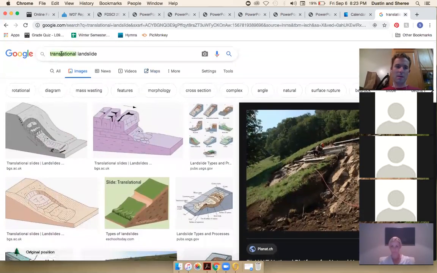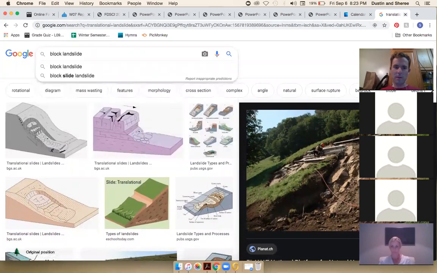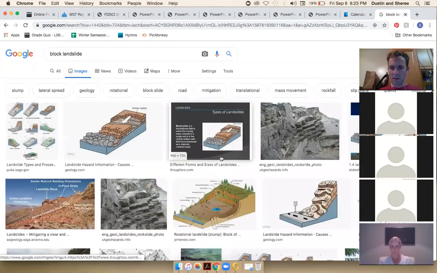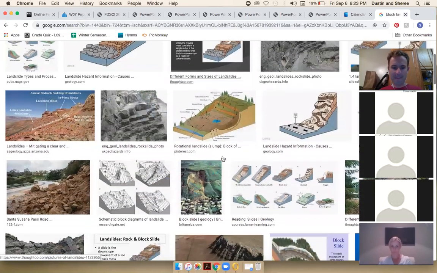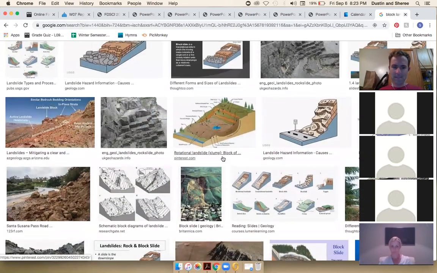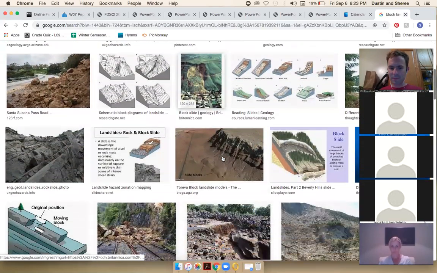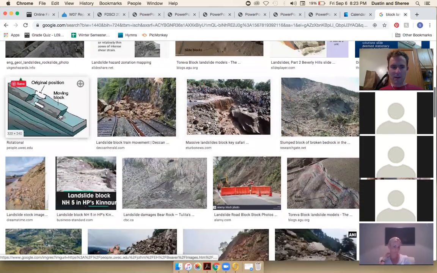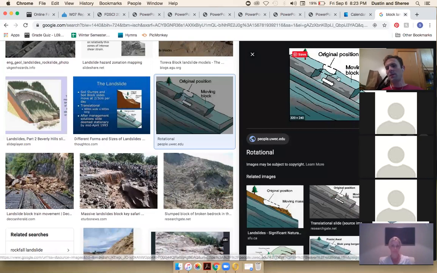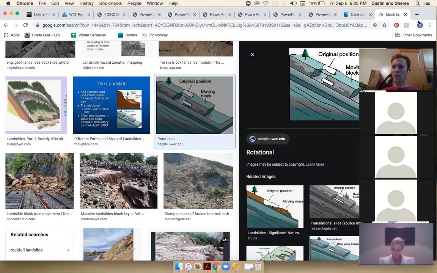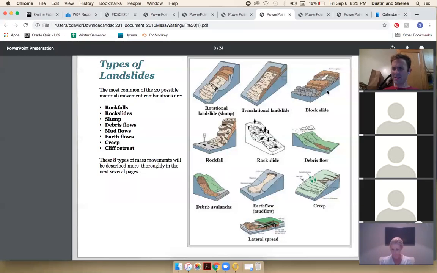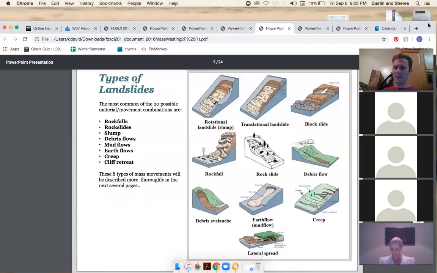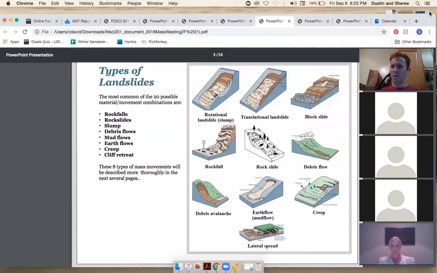And then block landslide. It's like you can see up here, it's a whole moving block. One solid block is translated down the whole thing. Okay, does that make sense to everybody? The difference between the two?